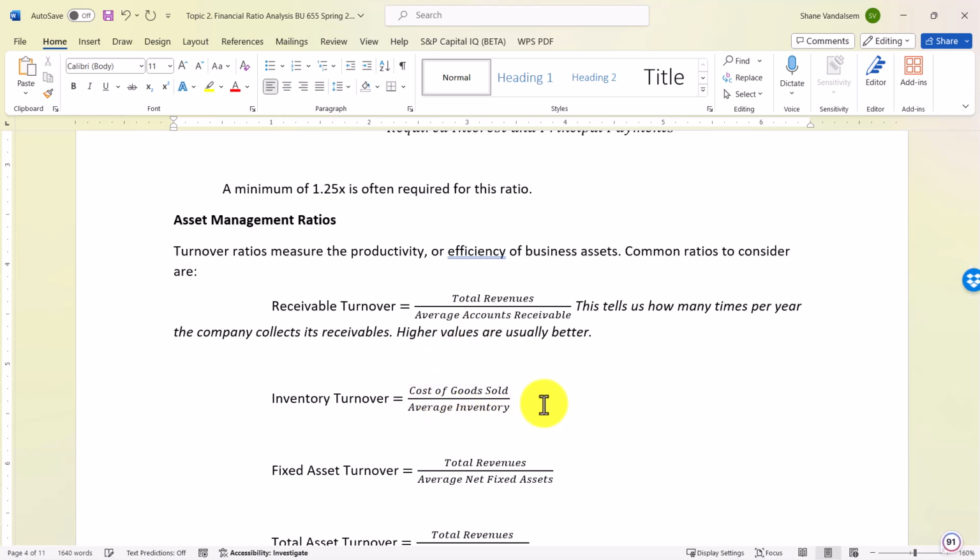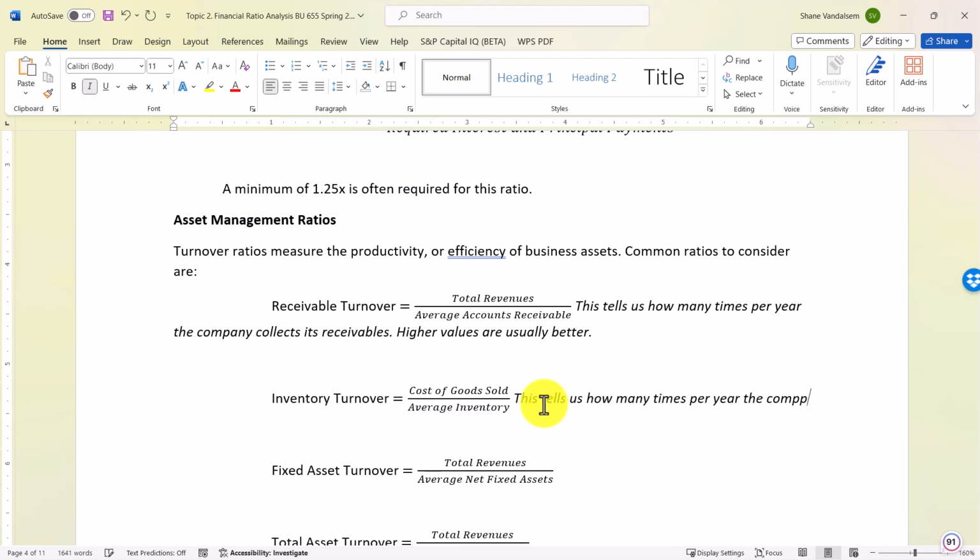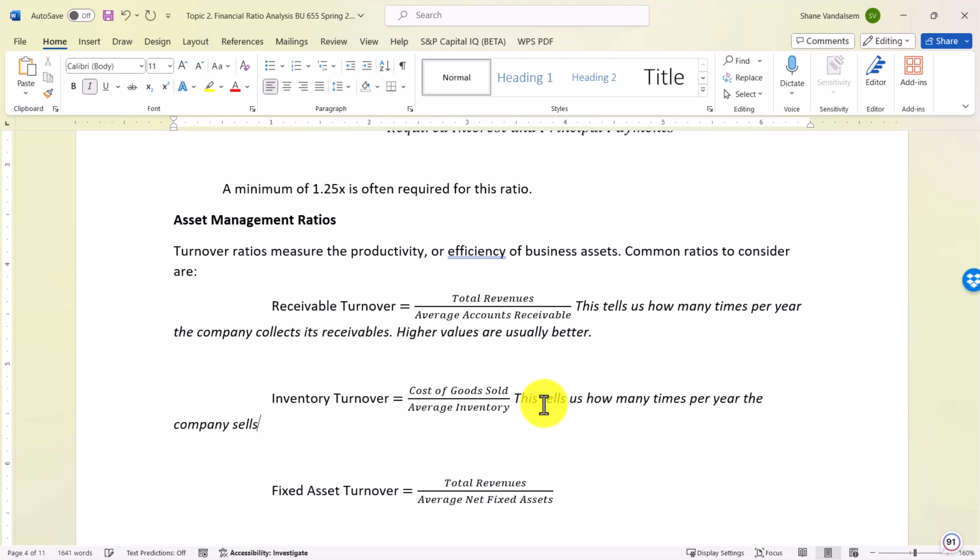Inventory turnover tells us how many times per year the company sells through its inventory. In other words, how fast is it selling its inventory? And again, higher is usually better because it means they're turning over their inventory faster.